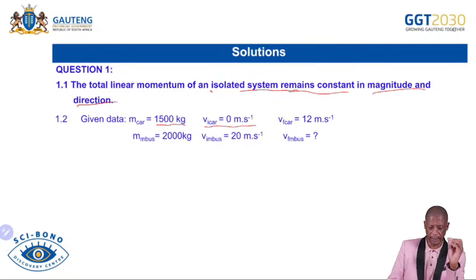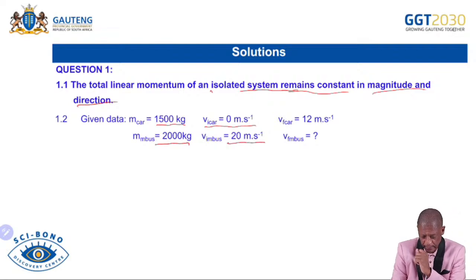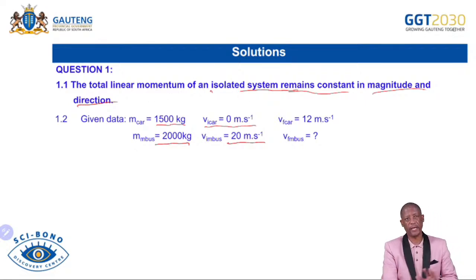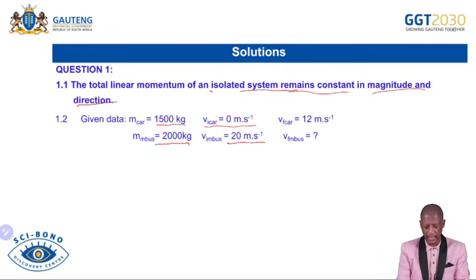The mass of the minibus is 2,000, and initially it was traveling at 20 meters per second. This is the initial state. Then they collide. After collision, the car moves at 12 meters per second, and we want to calculate the velocity of the minibus.